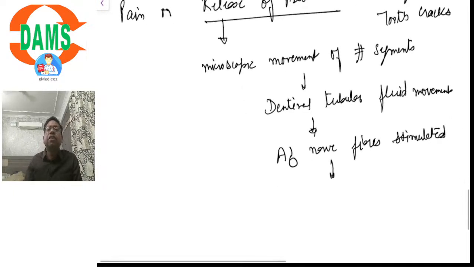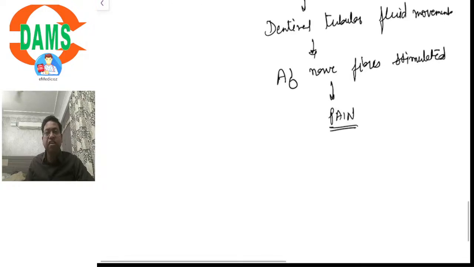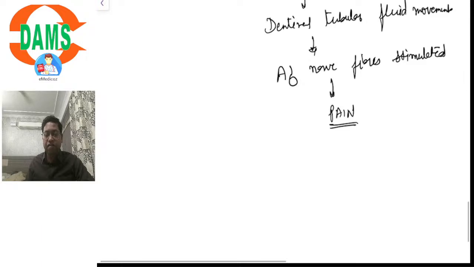We know that the principal sensation carried by the A delta nerve fibers is pain. So this is the basic pathophysiology of what happens whenever a Frac Finder or Tooth Sleuth is used to diagnose the cracks present in the tooth. These are the diagnostic signs.